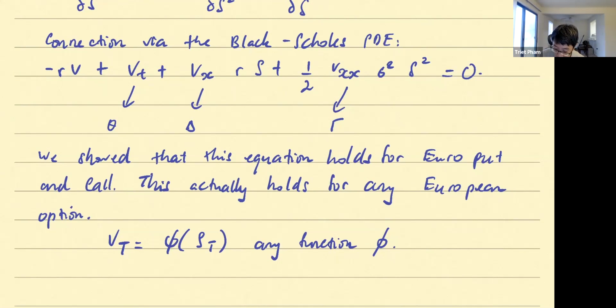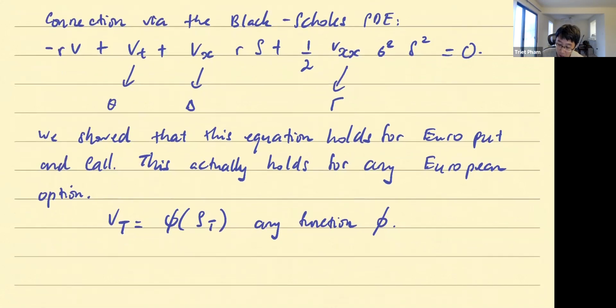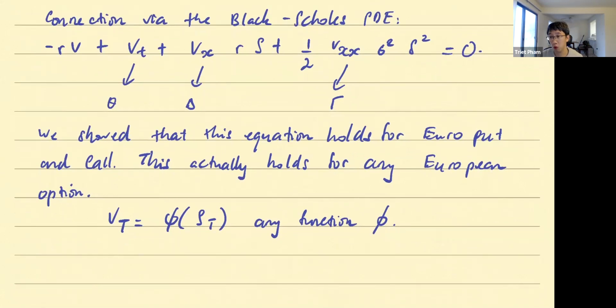Another is that the consequence of this equation holding is not just about the connection of these three Greeks, but the implication is an equation that has a connection with how the portfolio on the derivative and on the stock evolves.